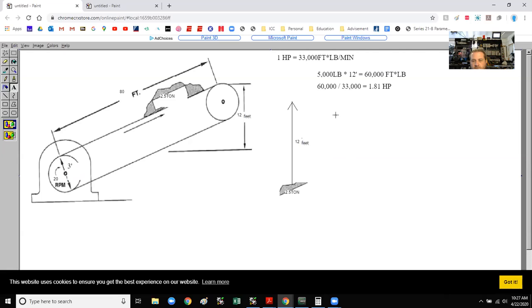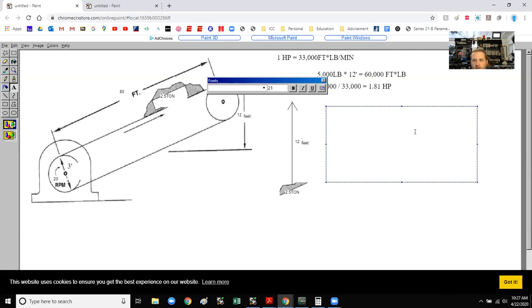So circumference times the rate per minute. Would that be the circumference of 3 inches, or is it 3 feet? 3 feet times the rate per minute. They give us feet per minute.